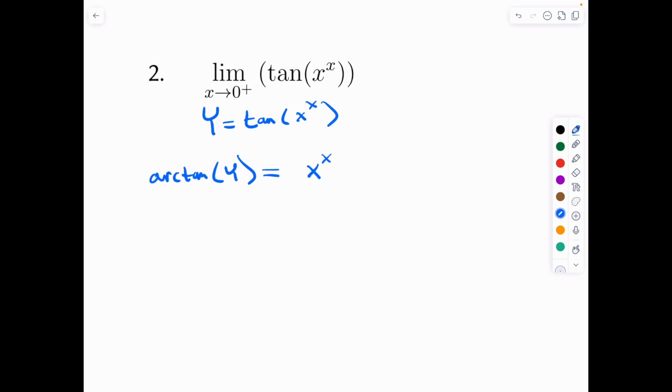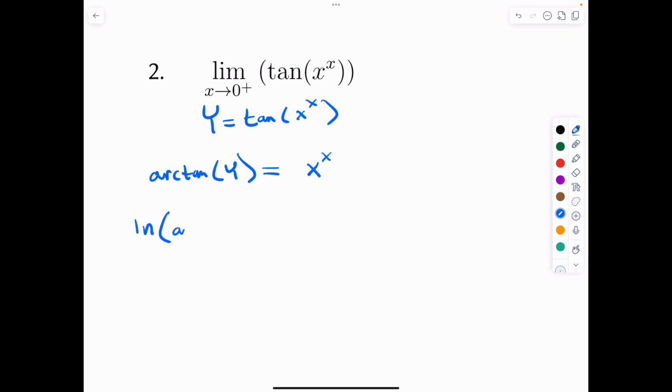And then I'm going to do the natural log of this. And so the natural log of the arctan of y is equal to the natural log of x to the x, which I can rewrite as x times the natural log of x.